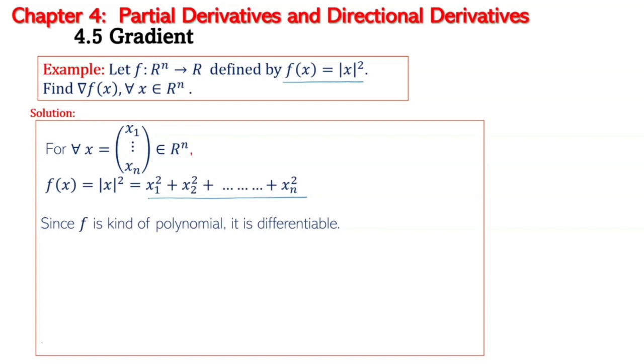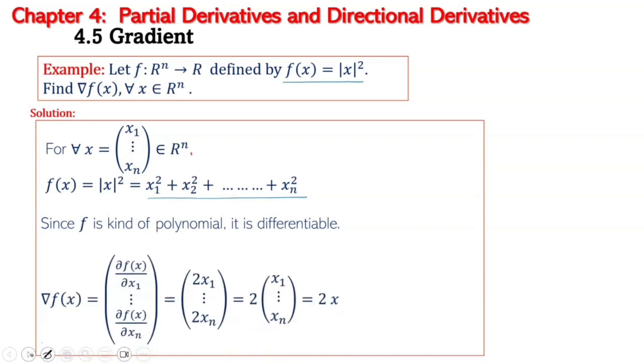Here f is a polynomial, so it is differentiable. Then from the previous theorem, gradient of f(x) is equal to (∂f/∂x1, ..., ∂f/∂xn). Taking the partial derivative with respect to each variable, you will get 2x1, 2x2, ..., 2xn. If you take out 2, this is equal to 2x. So the gradient of f is equal to 2x.